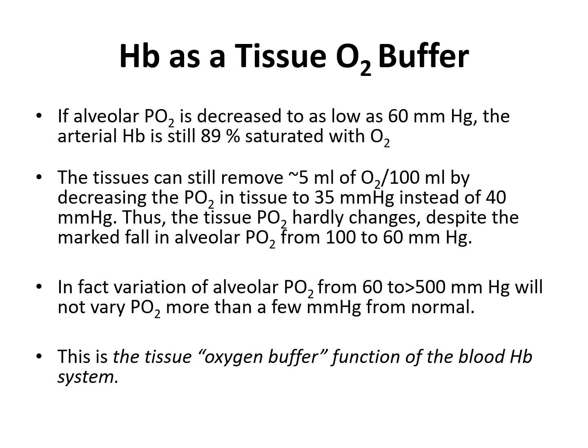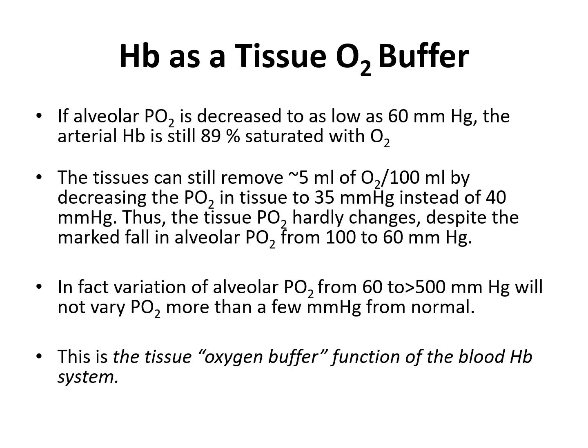At a PO2 of 60, you have 89% saturation, only around an 8% decrease from the normal. So even at this low PO2, under these conditions of decreased oxygen, the tissues can still extract the 5 milliliters of oxygen per 100 milliliters of blood simply by decreasing the PO2 to 35 millimeters mercury instead of 40 millimeters mercury.